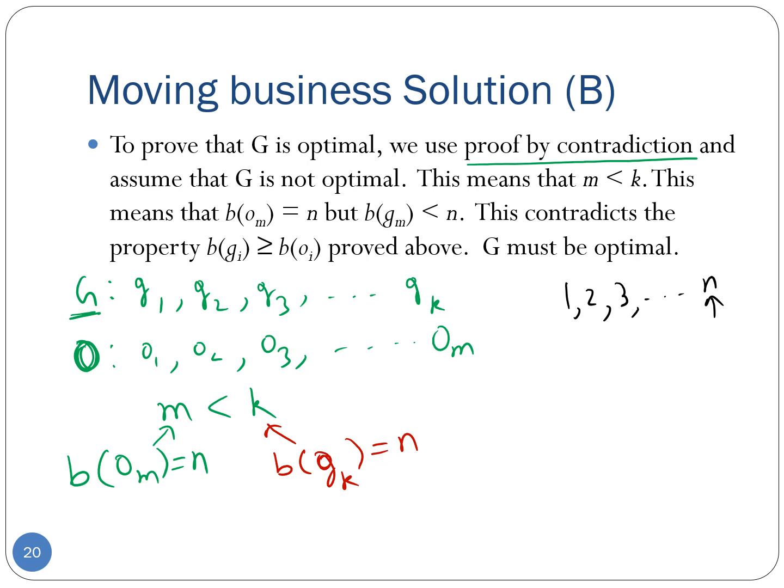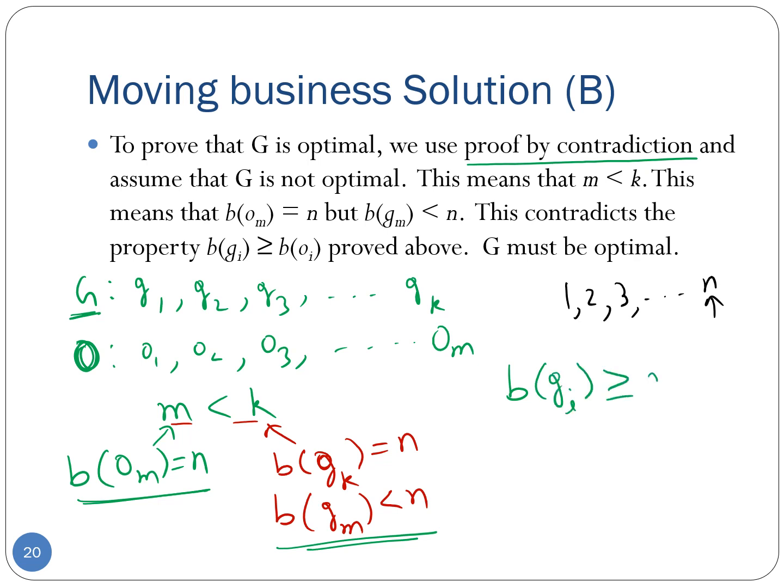This means that the highest box number that the greedy algorithm sent in its mth trip, because notice that m is less than k, was less than n, it was not the highest box number. Now this is a contradiction. These two statements are a contradiction to the hypothesis that we just proved, right? So we just saw that for all values of i, b of gi should be greater than or equal to b of oi.